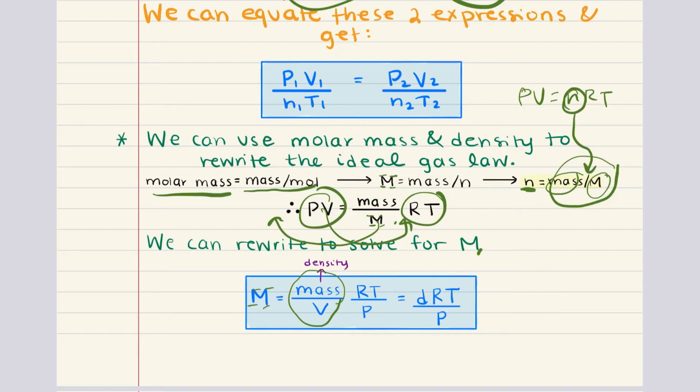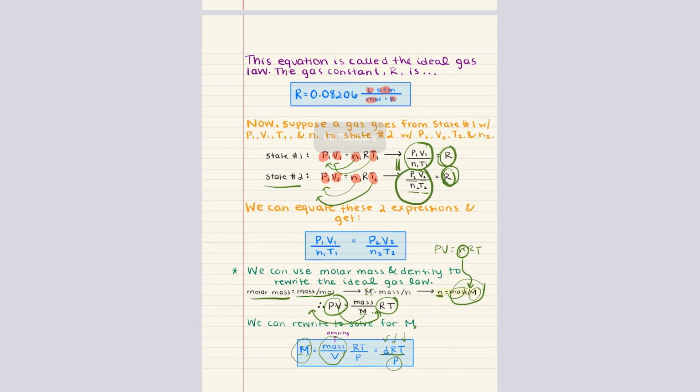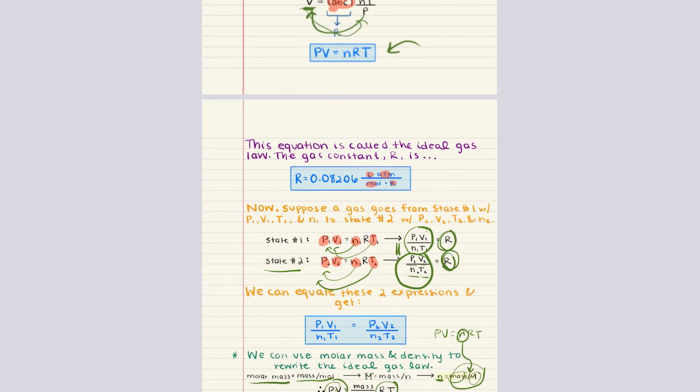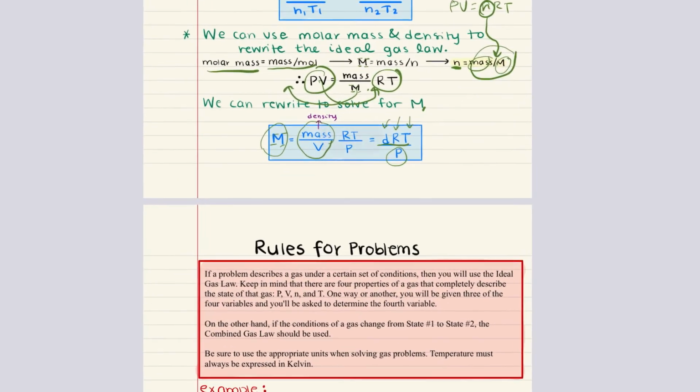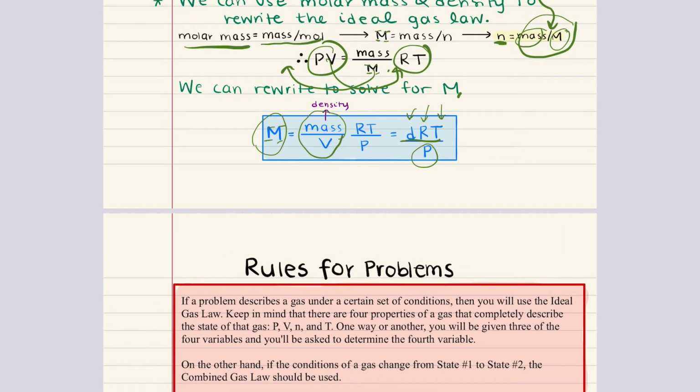We can go ahead and replace mass over volume with density. And now we have an expression that says molar mass equals density multiplied by the ideal gas constant multiplied by temperature divided by pressure. Okay, so now we have three important formulations that we have talked about: ideal gas law, combined gas law, and then the ideal gas law in terms of molar mass and density.